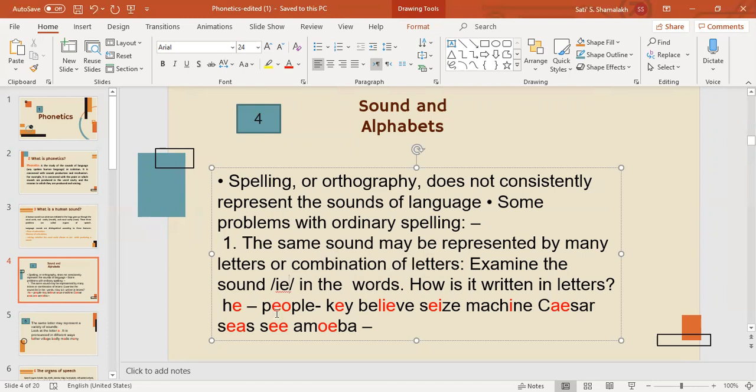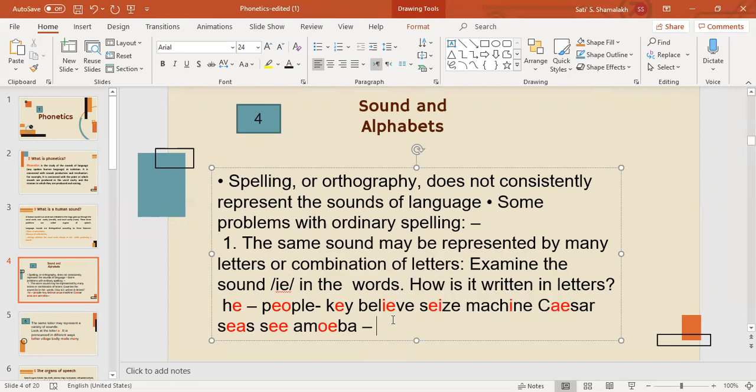How many letters do you see here? E and O, but it is pronounced E. People. Key, E, Y, together make the sound E. Believe, I-E.